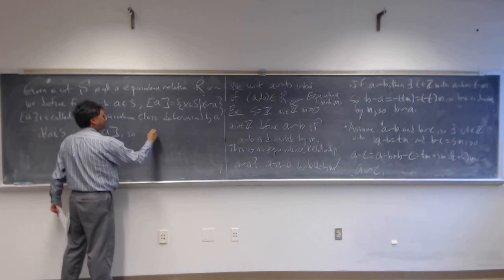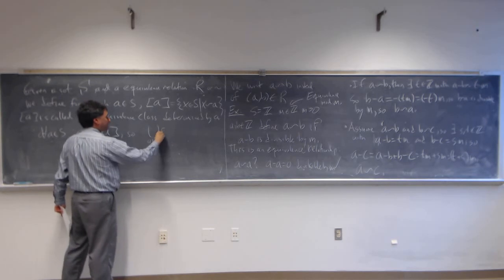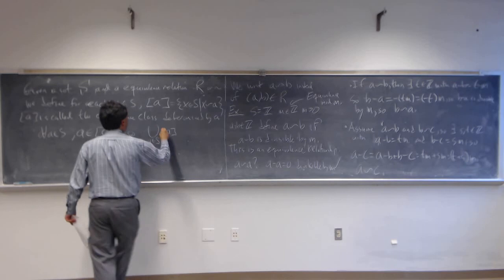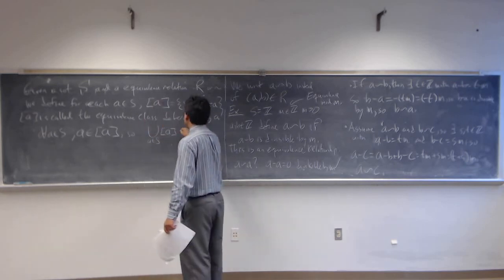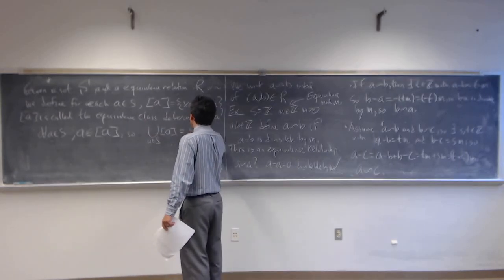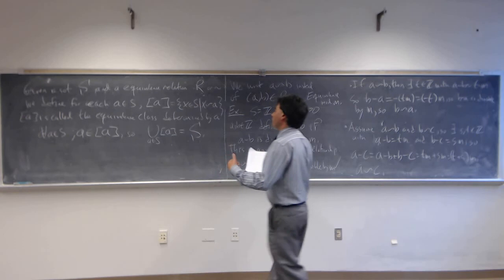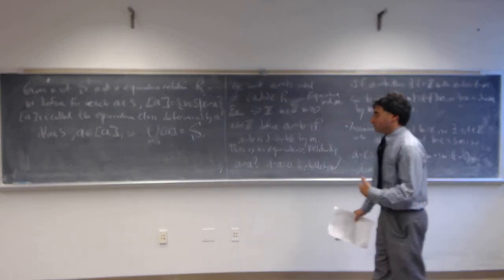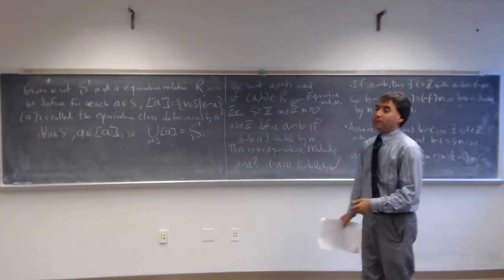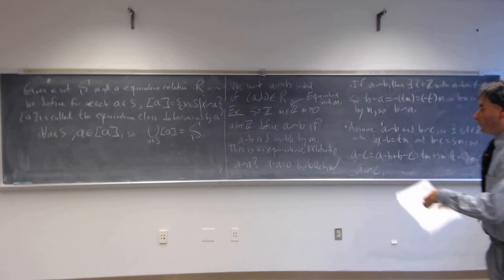So if we look at the union over all the elements in S of all the equivalence classes, this union will exactly equal the whole set. As we'll see, we'll define a partition in a little bit. That's one of the properties of the partition.